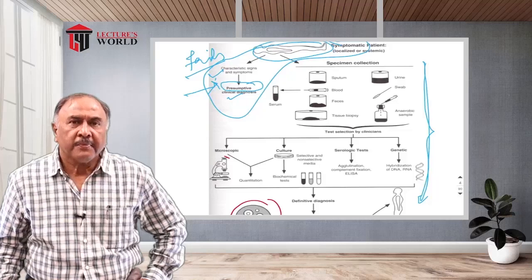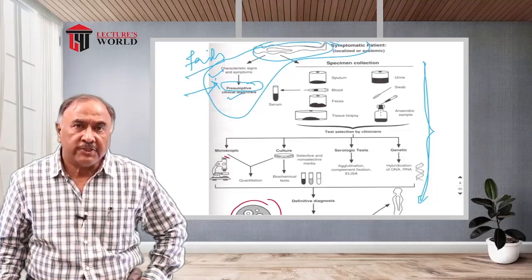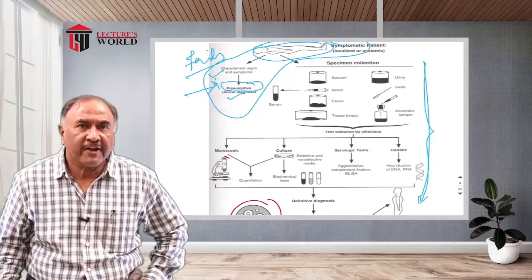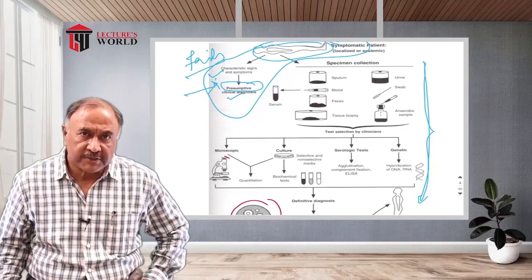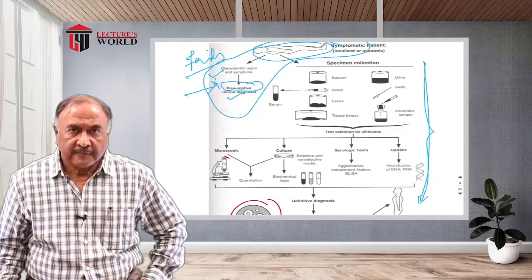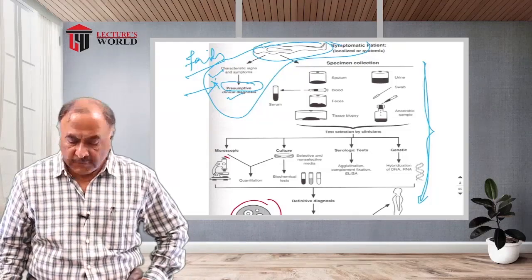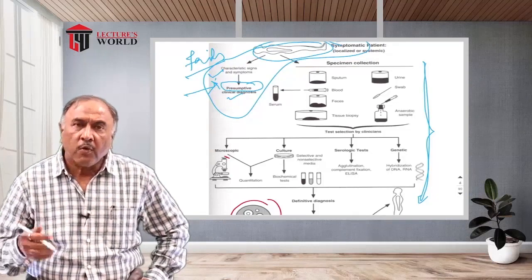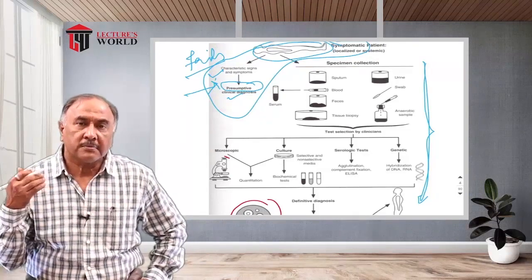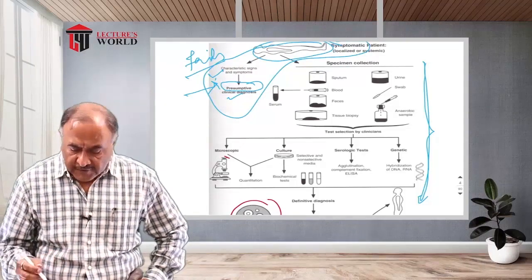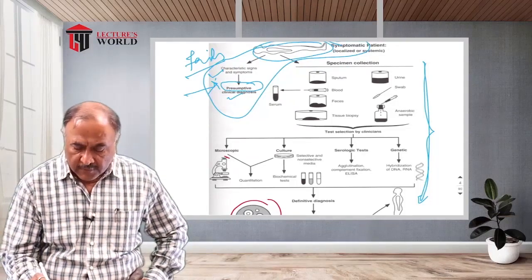It means these drugs are not hitting the target. That is, they are not affecting the causative agent. And therefore, the next call is to go for a proper identification.